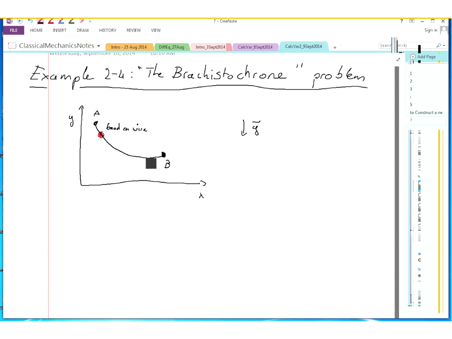Presumably there's a solution for the optimal shape of this wire. It might be a straight line, or it might be something more funky, and we don't know. The answer is given by the problem of finding the stationary value of an integral. The wire will have a shape, and that function of the shape of the wire will be y of x.